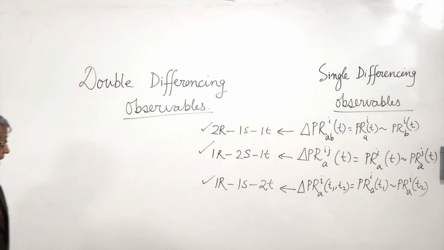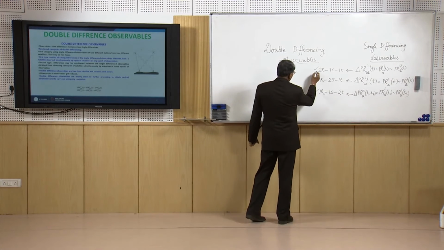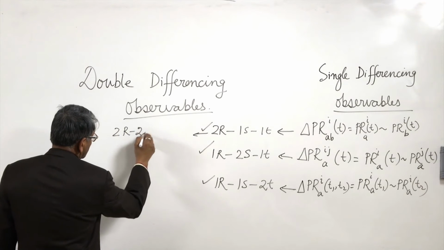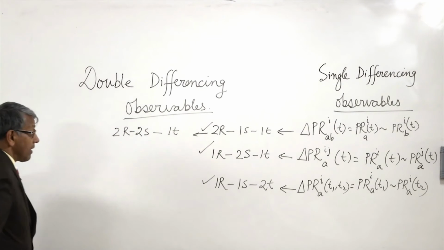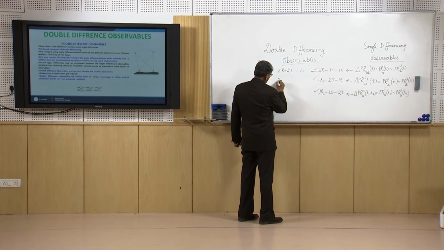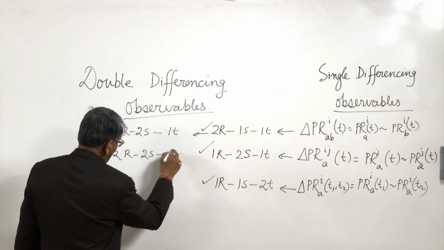So now if we take the difference of this, it will lead to two receivers, two satellites, one single instant of time. Or here also we will get two receivers, two satellites, one instant of time.